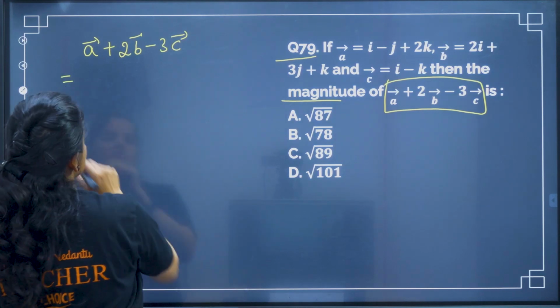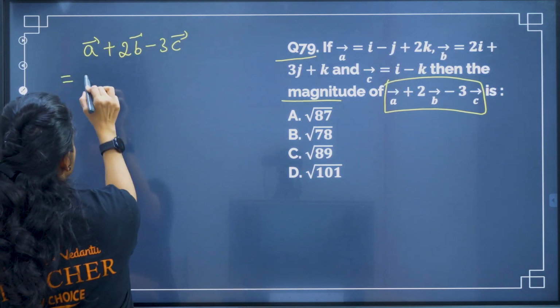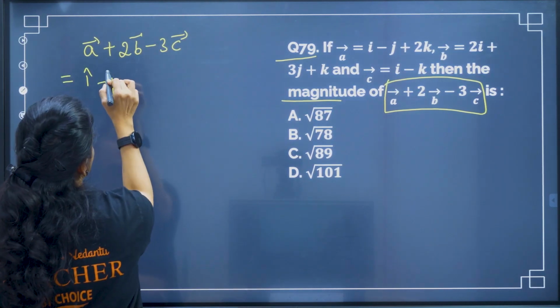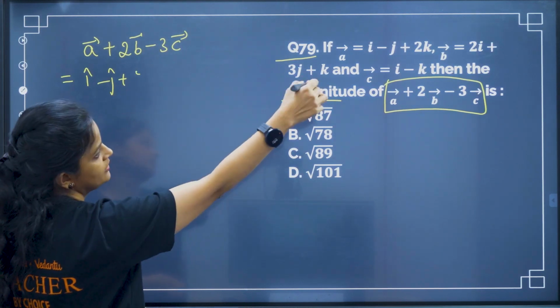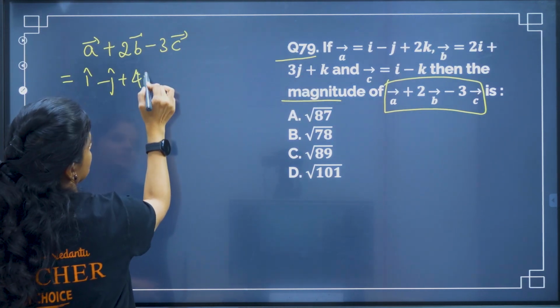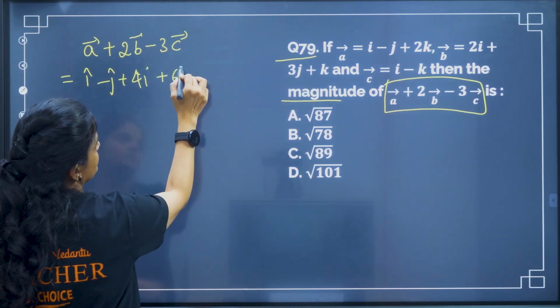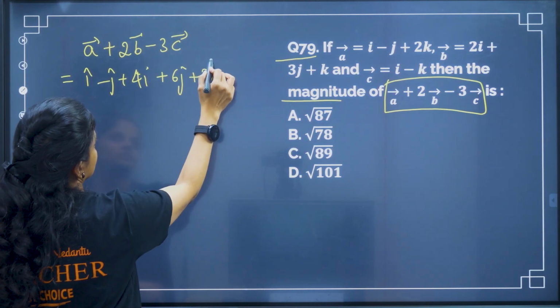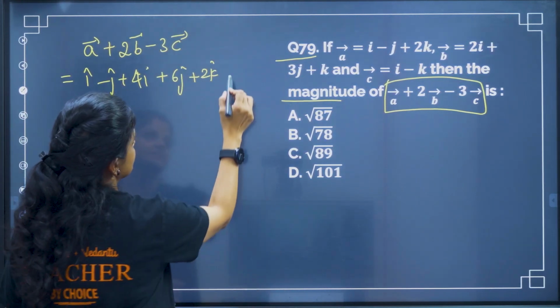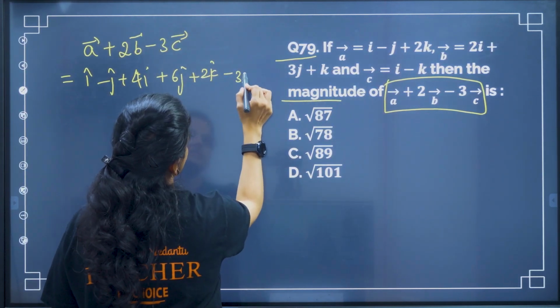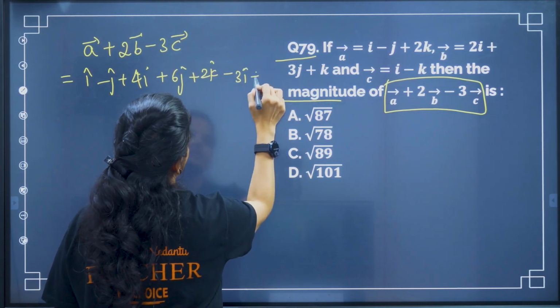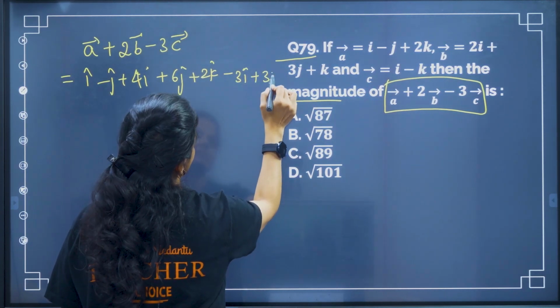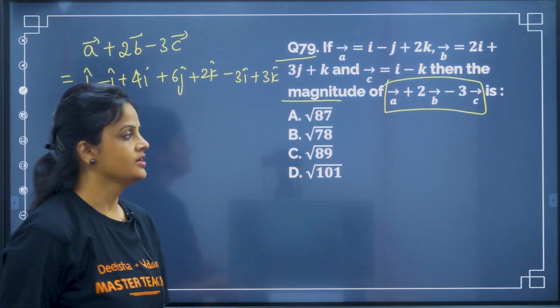How simple it is for us to find out what is A vector plus 2 times B vector: it will be 4i plus 6j plus 2k, minus 3 C. So minus 3i cap, minus of minus 3k cap. So this is what we are getting.